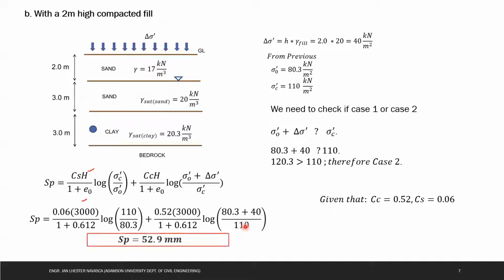So the value of Sp is 52.9 millimeters. Our unit is in millimeters since our value of H is in millimeters. So we have a primary settlement of 52.9 millimeters.